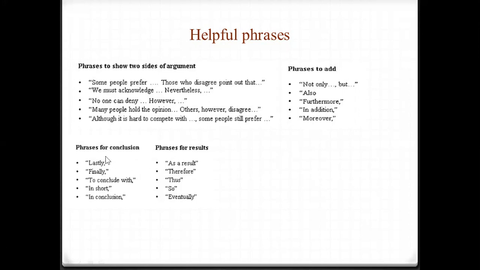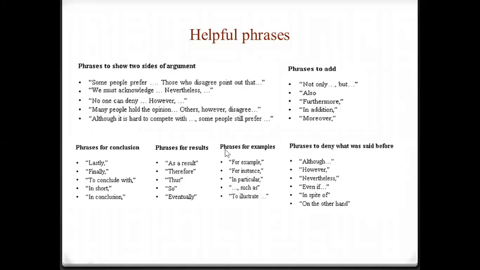Phrases for conclusion. So we have the following list as lastly. Okay? For conclusion, you're going to use either lastly, finally, to conclude with, in short, or in conclusion itself. For results, usually figures, you're going to use the following: as a result, therefore, thus, so, and eventually.